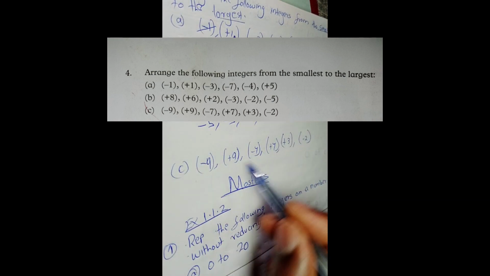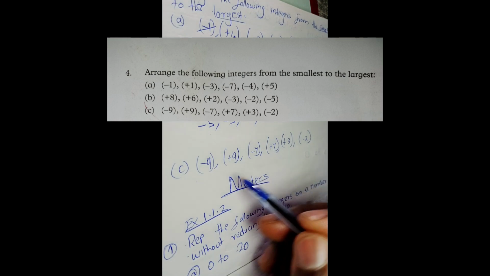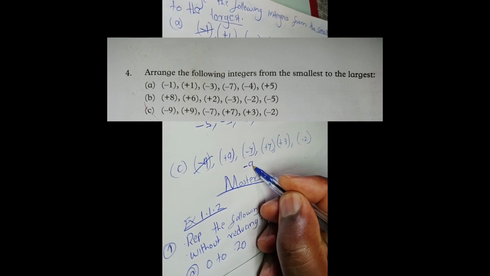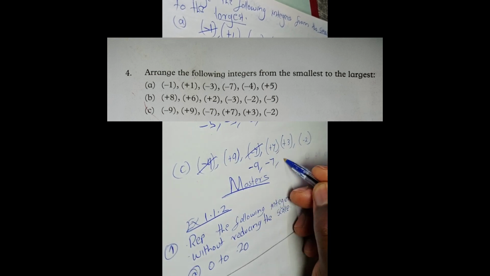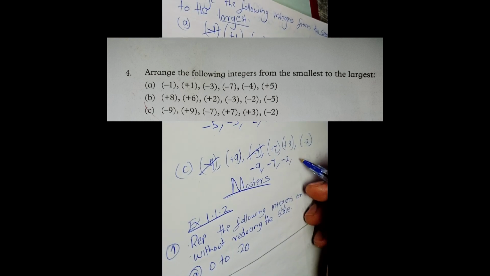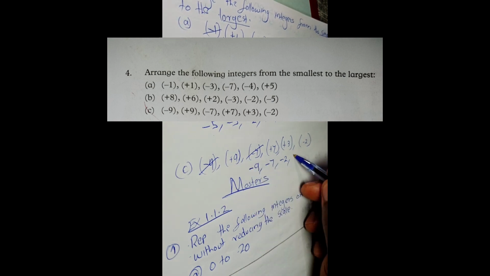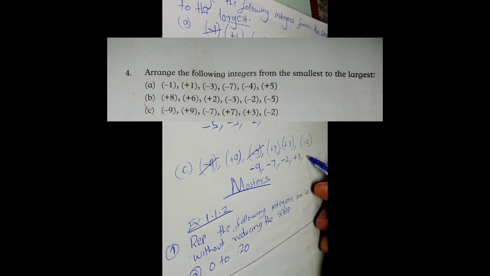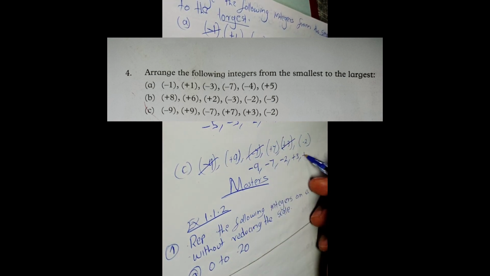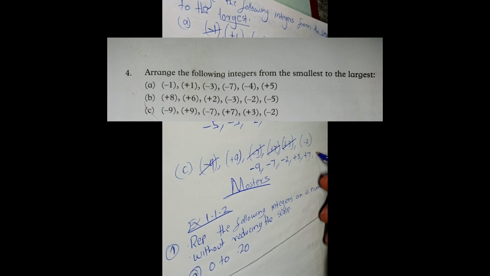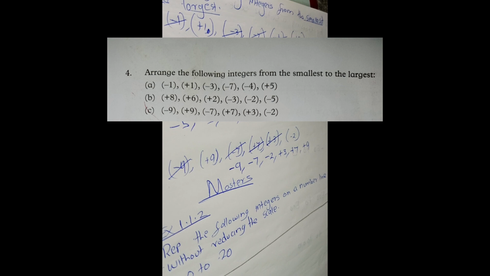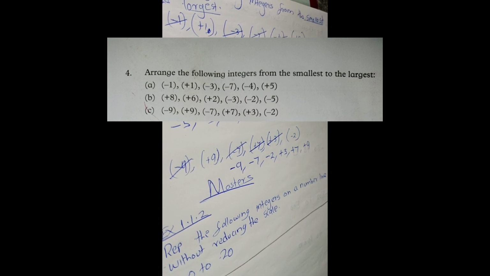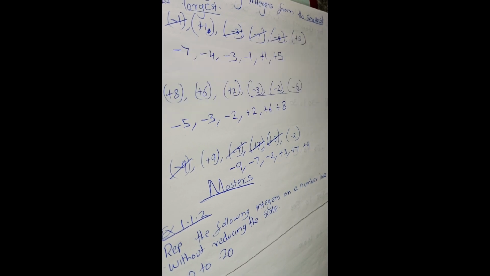It starts with the one which has the bigger number, which is negative 9, then we move to negative 7, then negative 2, then we move to positive sign: positive 3, positive 7, then positive 9. With that you have done your exercise 1 on top scorer.